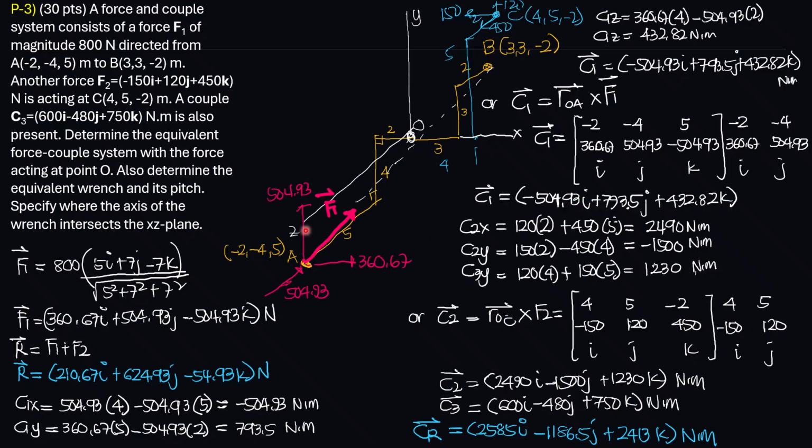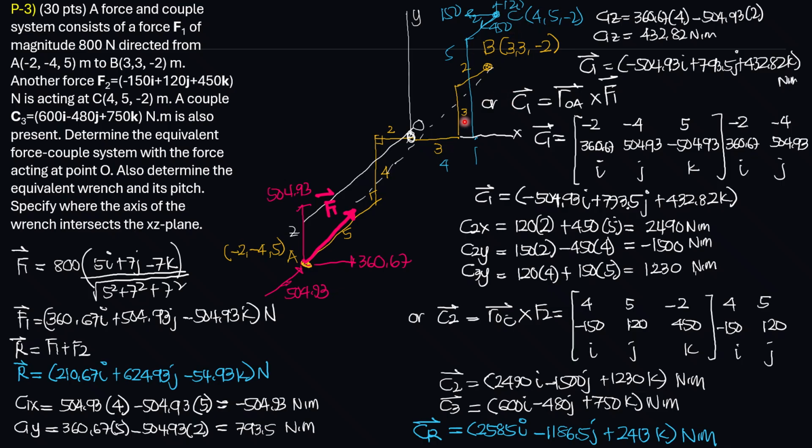Then C sub 2, the components of F2 are placed at C. There's no other way. These are the components: negative 150, positive 120, then positive 450. So moment about OX, the moment due to 120 is positive because it is at the back.